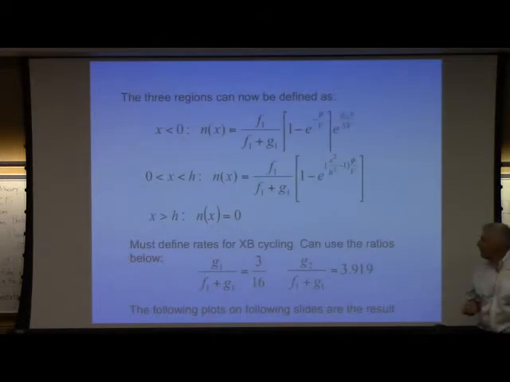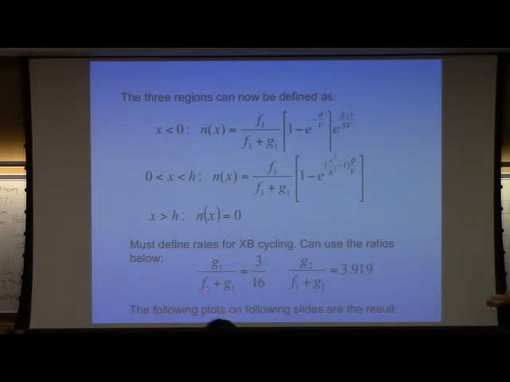Again, this is just math that we can look at, and now we can get a solution in these 3 different ranges. For x greater than h, this probability is 0, so out greater than h, there are no attached cross bridges. Between 0 and h, there's this function that looks like this. And then for x less than 0, there's a slightly different function. We're going to look at these in a moment.